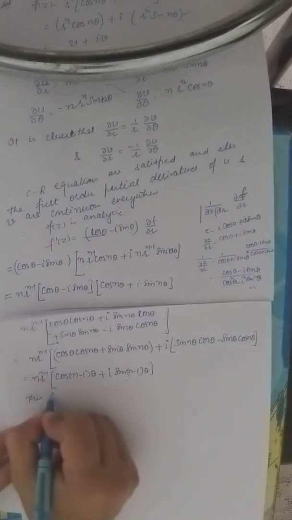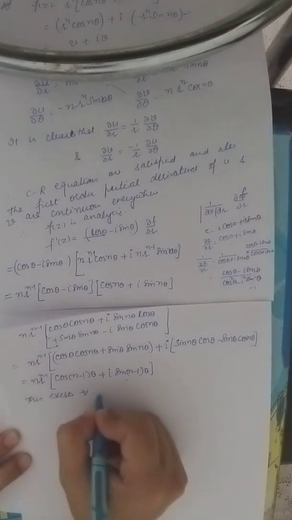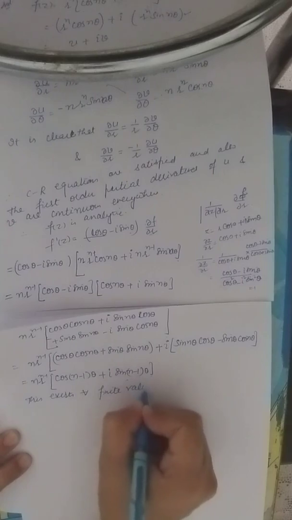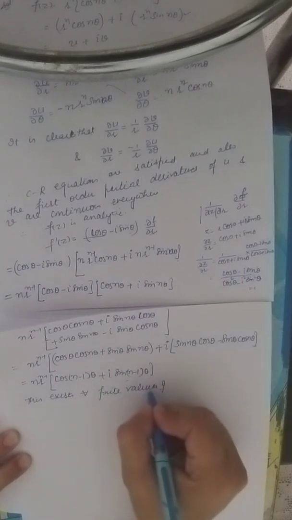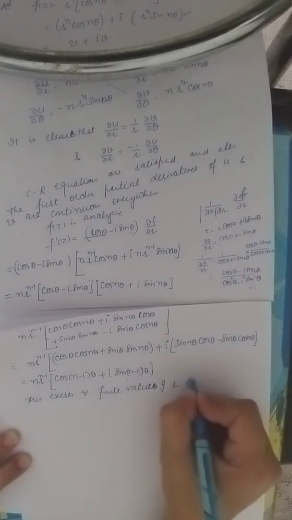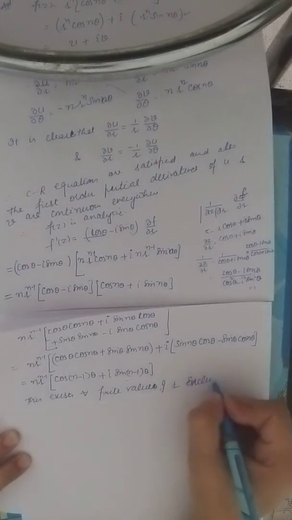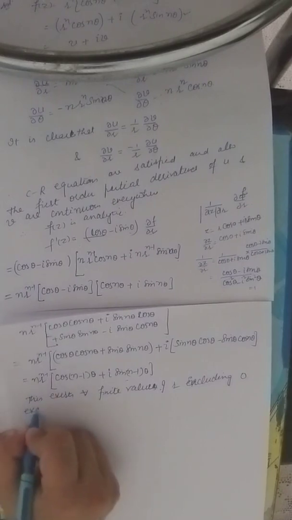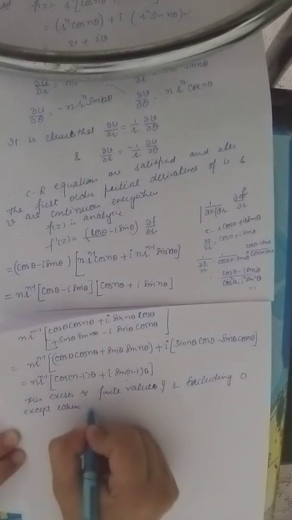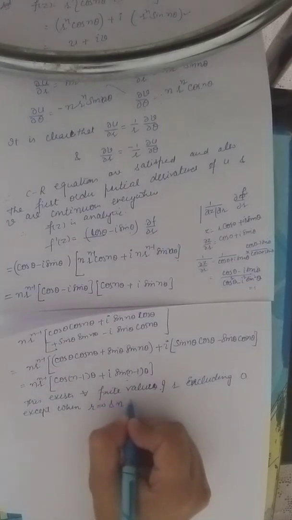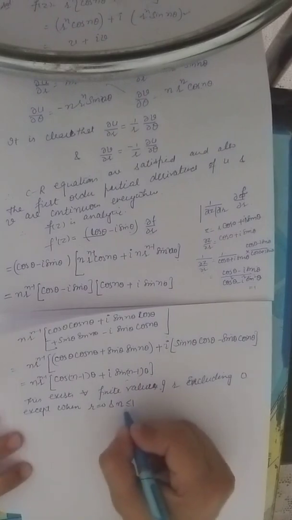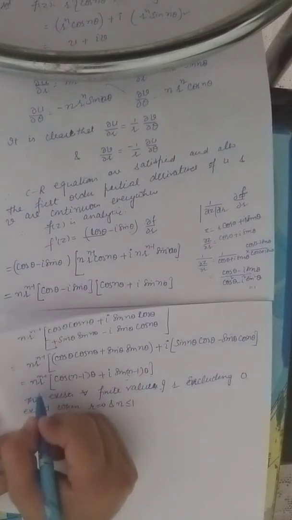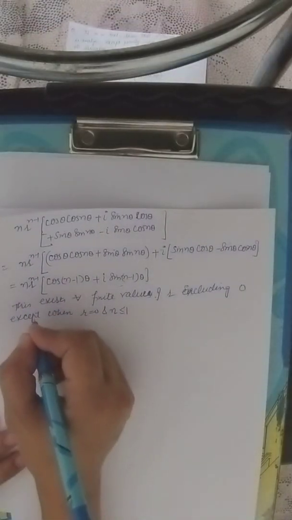This exists for all finite values of r including 0, except when r equal to 0 and n is less than or equal to 1, because when n is less than or equal to 1, it will go in the denominator, and when r is 0, it will be of the form 1 over 0 power some number, which doesn't exist.